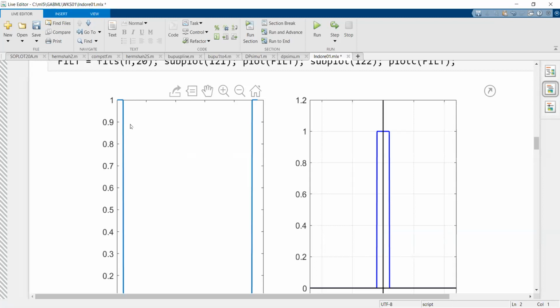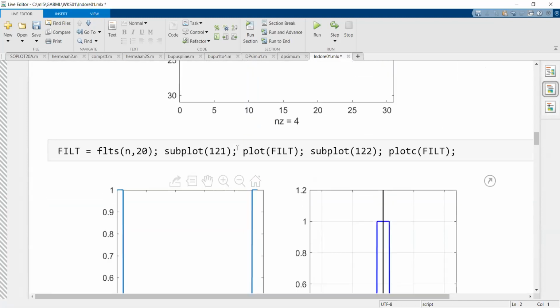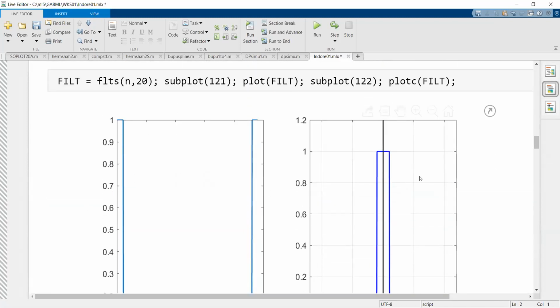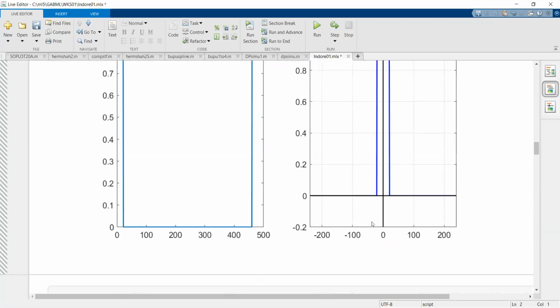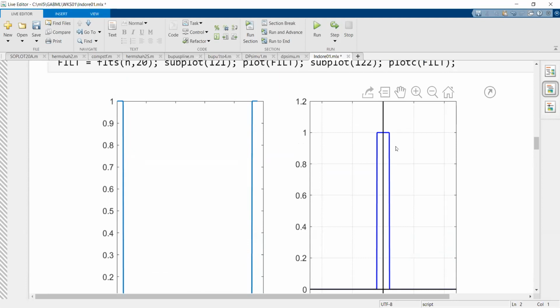So in the MATLAB system, you would have at 0 plus 20, which means 21 ones here and 20 on the other end. And you see here, it's not well aligned. It doesn't end at 480. It's going to the peak value. So I have my own plotting routine, which does this plotting automatically. It puts some boundary or so. So that would be a picture of a rectangular function.